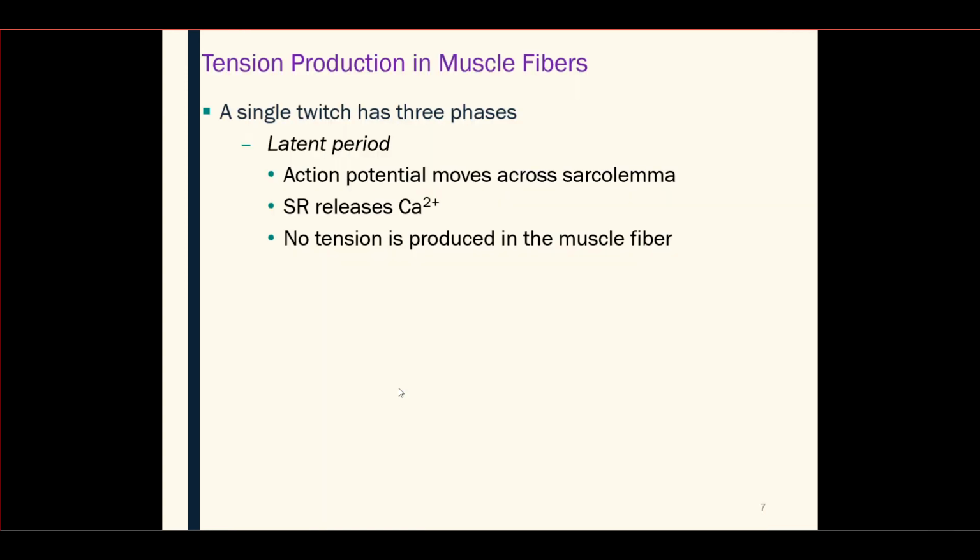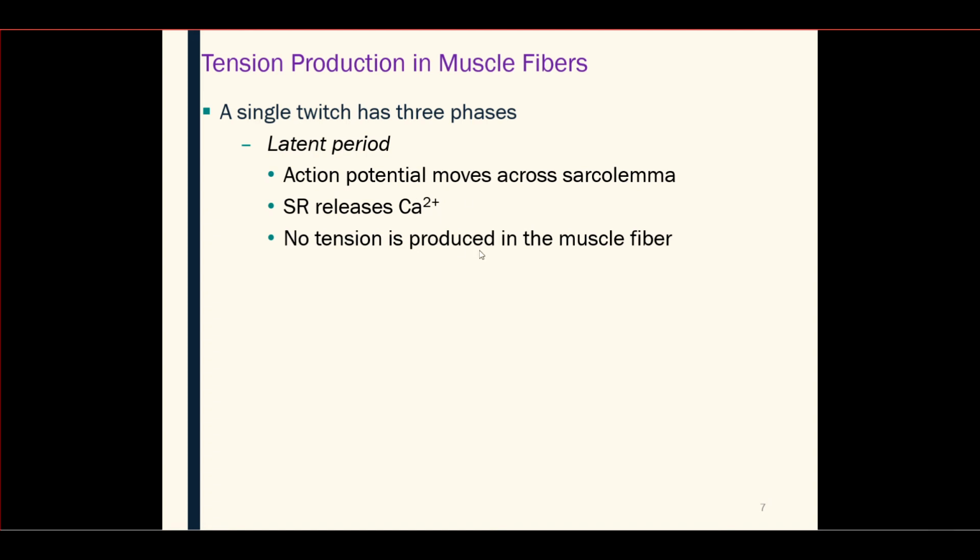So what's happening there? In the latent period, when we stimulated that muscle fiber, the action potential, which is the nerve impulse, was traveling along the sarcolemma. So that takes a little bit of time. Then the sarcoplasmic reticulum has to release the calcium, and that calcium floods the sarcomere.